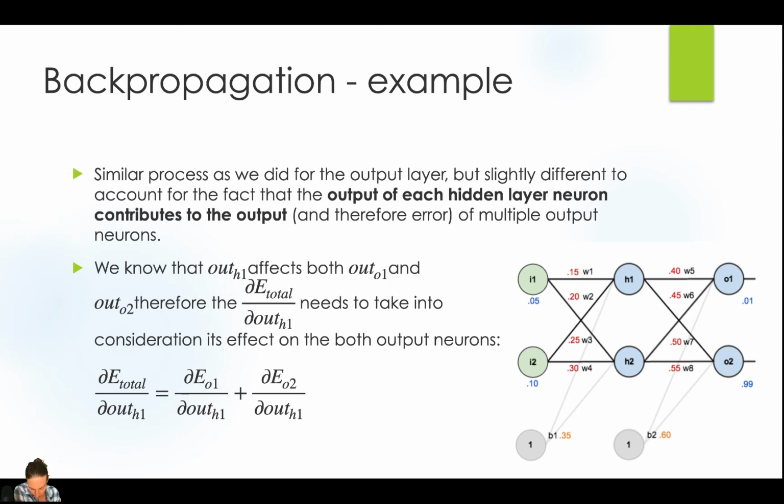So if we take a look at the total error given a change in W1, it's not going to only influence our output node 1 like we had in our previous example. This change in weight 1 also propagates like this, and it'll influence our output node 2. Okay, so we need to calculate both of these, meaning that we need to look at both partial derivatives summed, because the total error is the error resulting from node 1 and node 2 in the last layer.